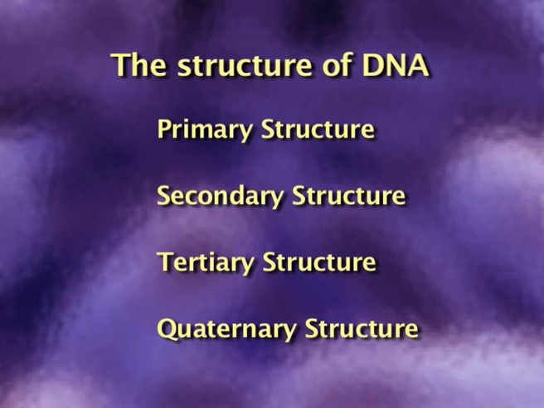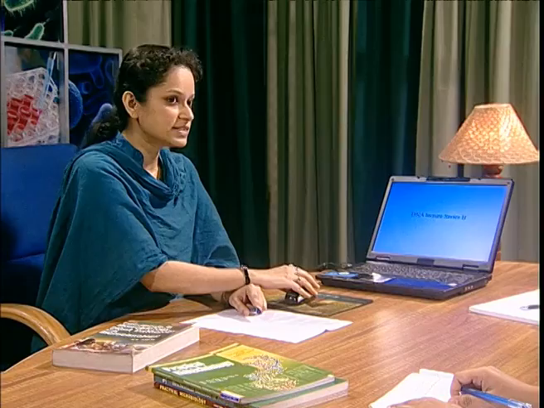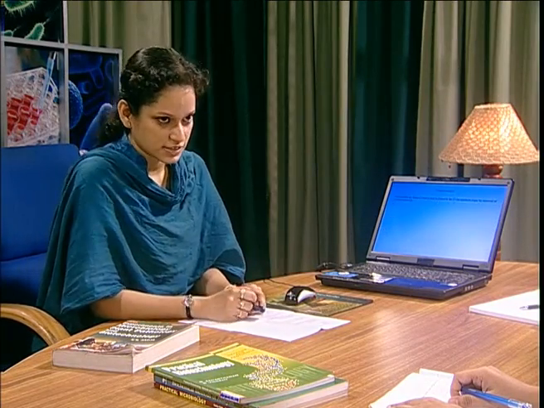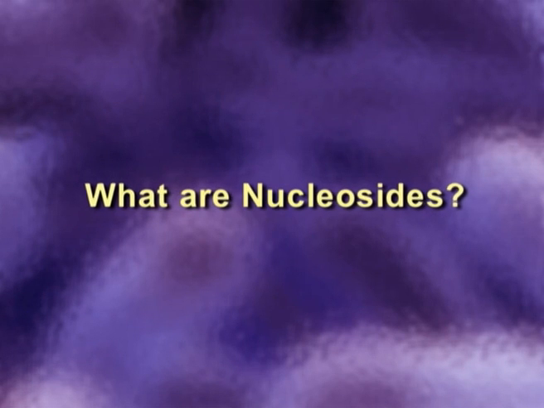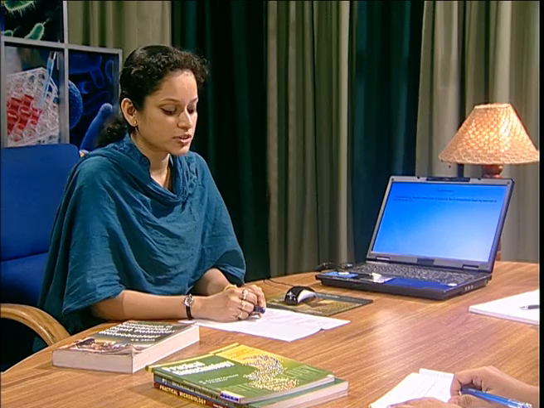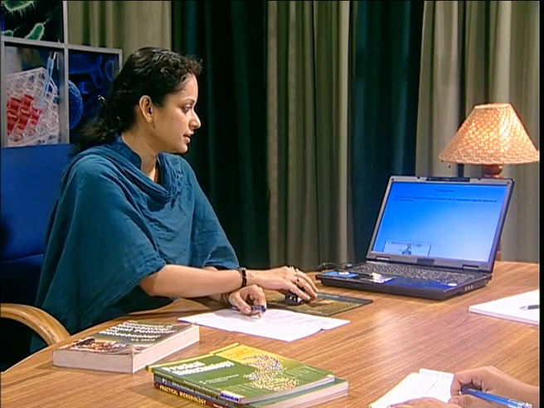Now, before we move into the structures of DNA, we should first know what are nucleosides, nucleotides and tautomerism of bases. First, let us see what nucleosides are. A nucleoside is nothing but the addition of a base to a sugar.